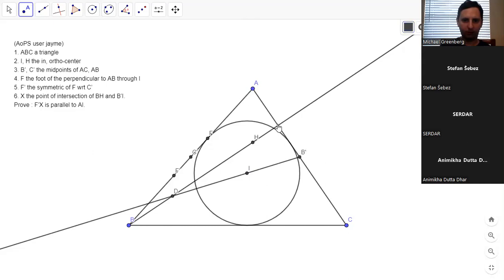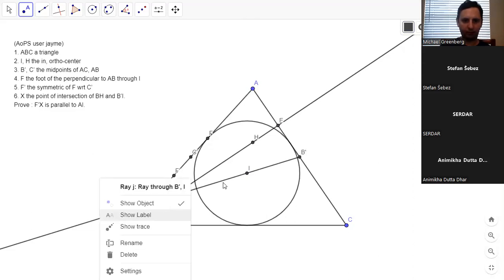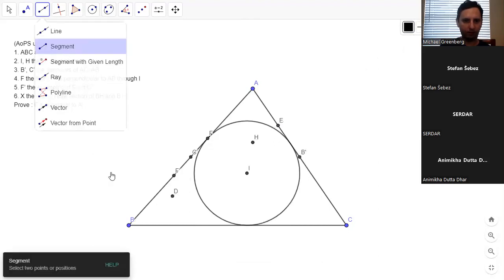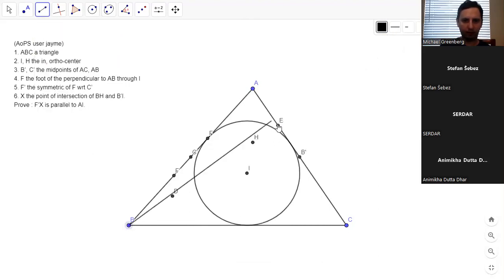So let's draw altitudes. We want to show that F prime X is parallel to AI. So H, do we even need H, or that's just the perpendicular? Yeah, we don't need H, right?